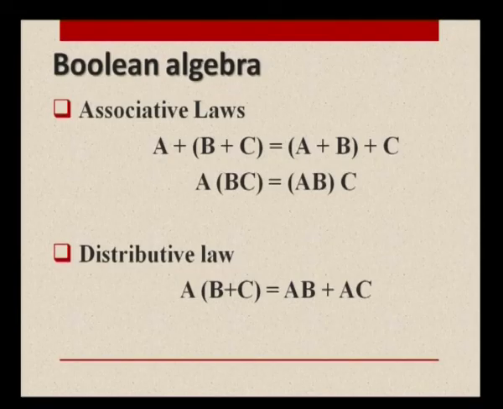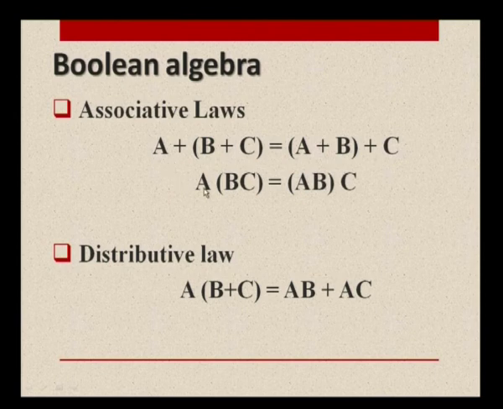What are the other laws that we have? We have the associative law and distributive law for the variables A and B. So, let us have a look at the two laws. This is the associative law: A plus B plus C in brackets is equal to A plus B in brackets plus C. This is the associative law for OR operation.